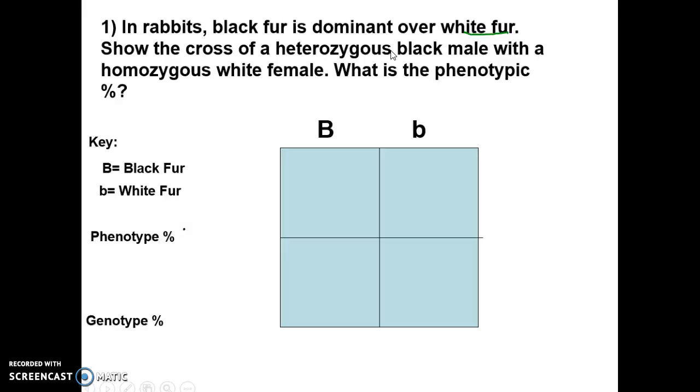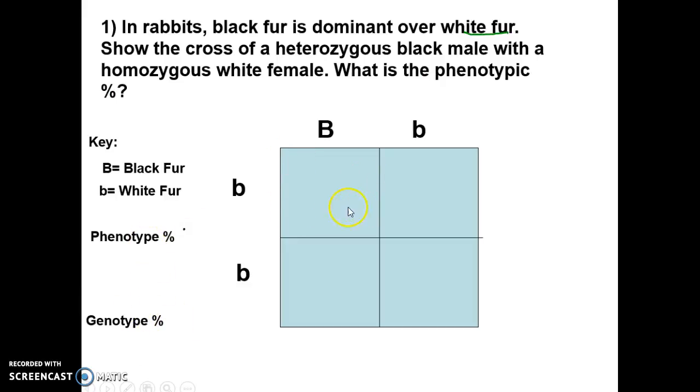Whatever trait it is, it's always big and little. Homozygous white, in this case, would be homozygous recessive, so it's going to be little b, little b. You're going to want to put the parents first, so you have to read it. Then it's asking for the phenotypic percentage and the genotypic percentage, which I'll go over.